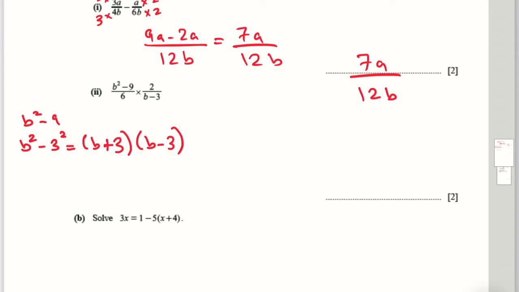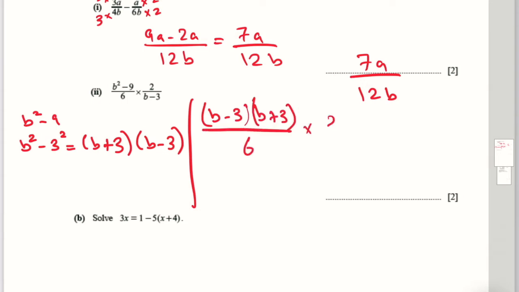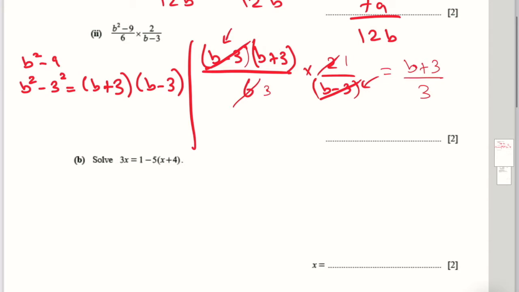Instead of b squared minus 9, I write b minus 3 and b plus 3 over 6 times 2 over b minus 3. So this b minus 3 and this b minus 3 cancel out. After that, this 2 and this 3 simplify. 2 becomes 1 and 6 becomes 3. So your final answer that is left is b plus 3 over 3. I hope this made sense. b plus 3 over 3.